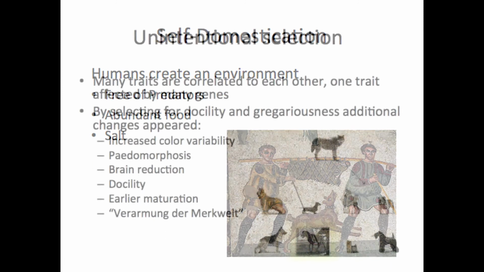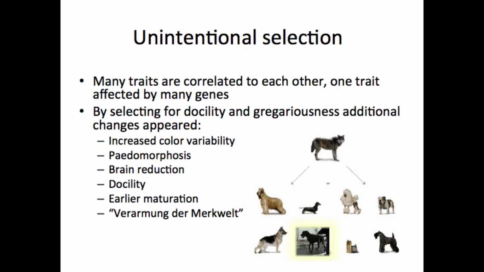But through the process of domestication, the one trait we always select for is docility, socializing with human beings. But when we select for that particular characteristic, all of a sudden we see these other traits begin to show up. And it doesn't matter what species it is. When we start to select for docility, we start to see animals with increased color variability.